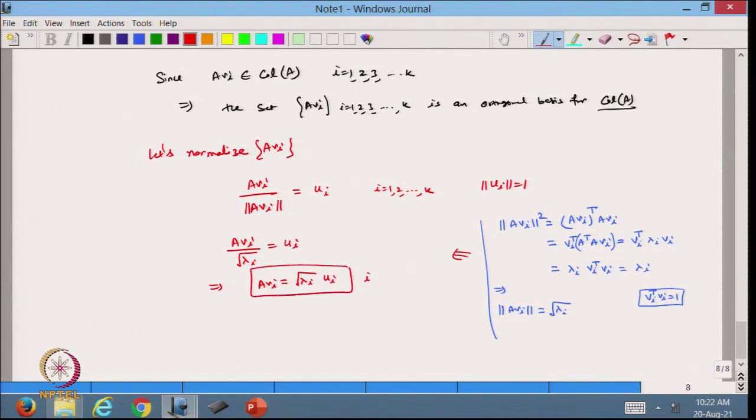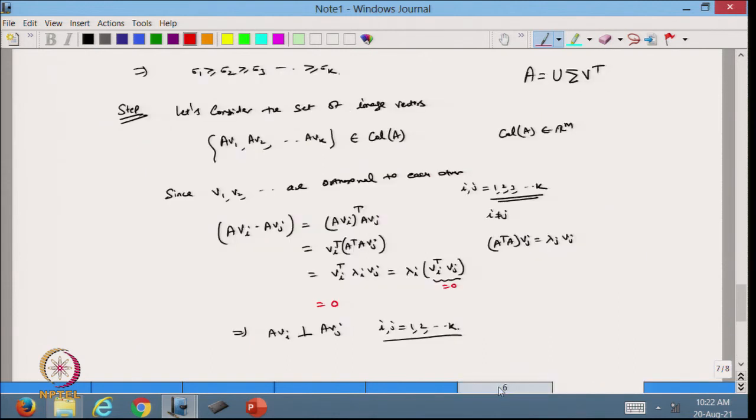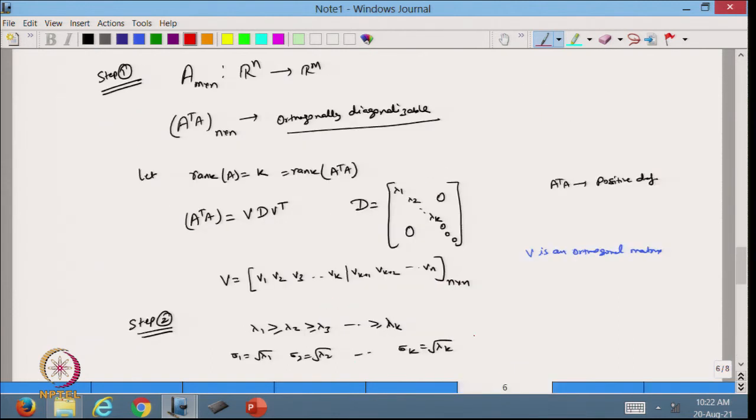So, this is the relation we got for 1 up to k. Now, I can even write this as A Vi is equal to sigma i Ui, if you want to write it in terms of singular values, because I know that these are the singular values.